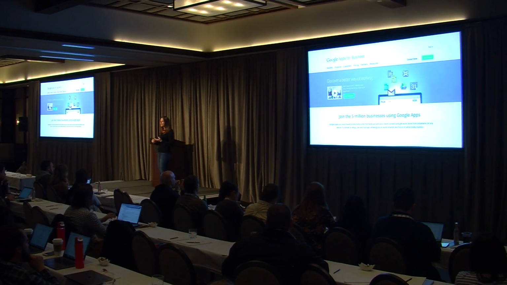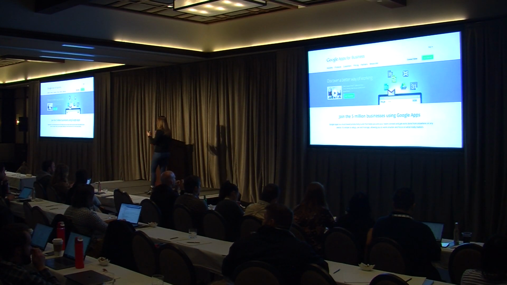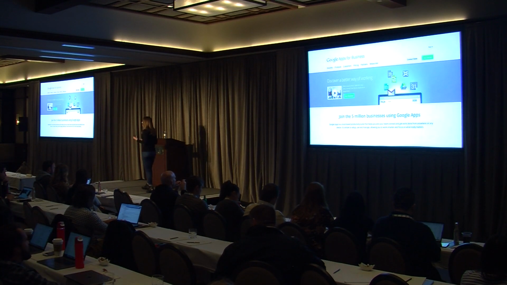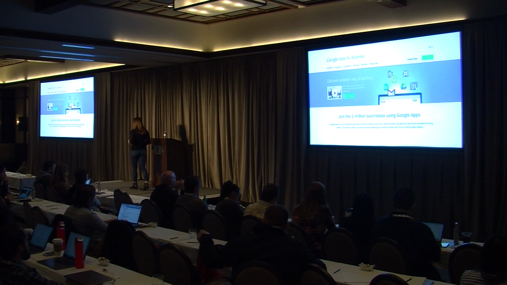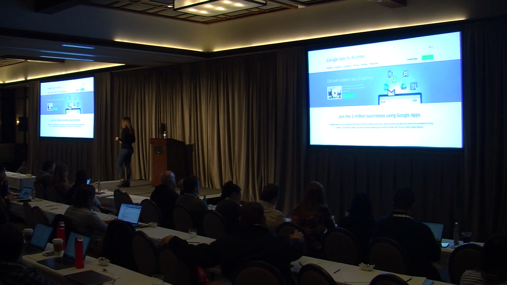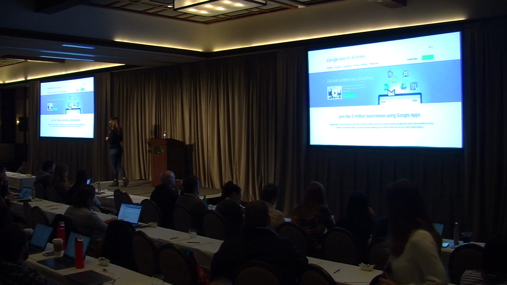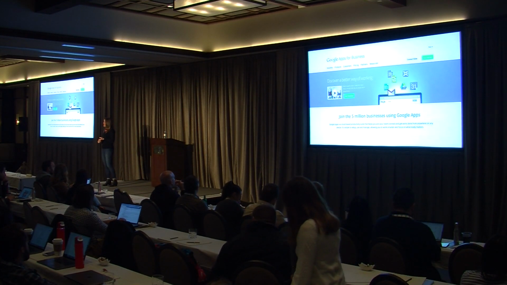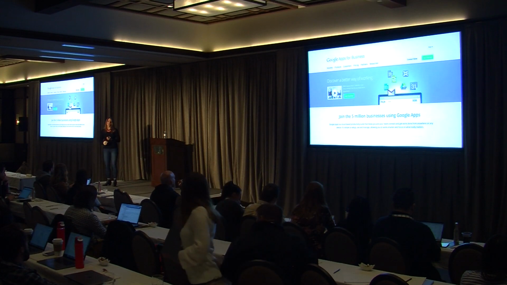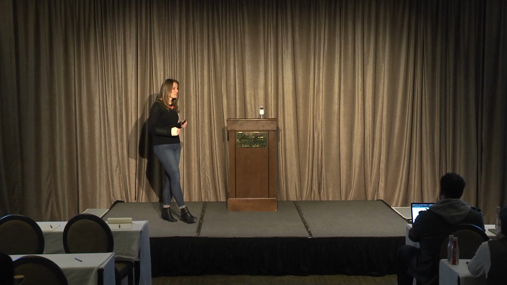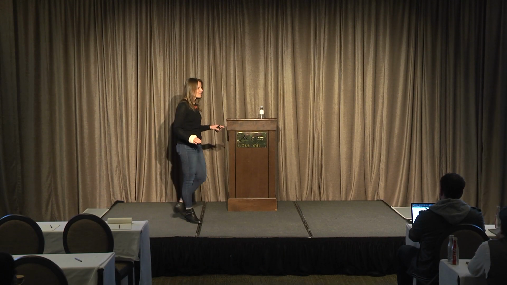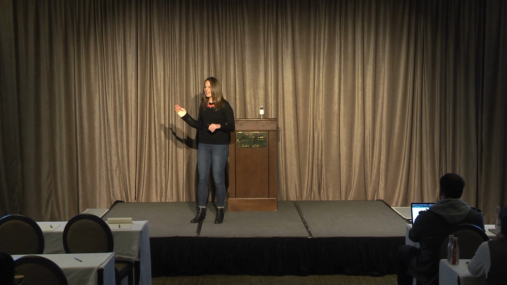We got ideas from sales and from engineering and from product, and we really wanted to make sure that we had a lot of input in terms of our A/B testing roadmap. Now, our engineering team came to us, and they said, this headline is a load of crap. We know that 75% of people that sign up for Google Apps for Business only ever use Gmail. So we should be targeting our headline to them.